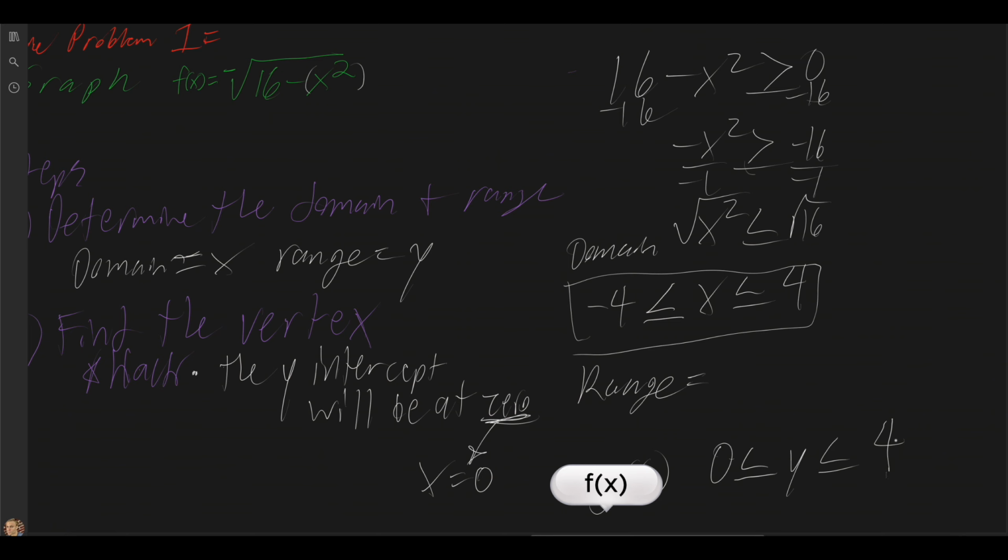Since we already determined that x is less than or equal to 4, we can also test that y in and of itself would fall under the same circumstances as well.